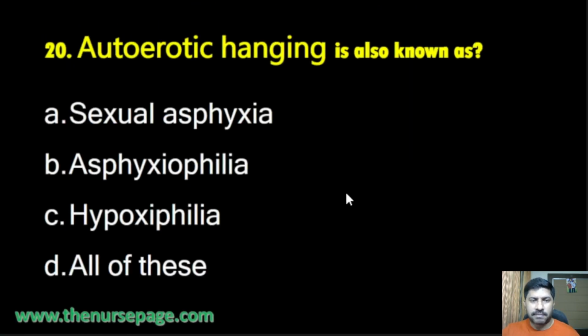The next question, that is one interesting question. Autoerotic hanging is also known as sexual asphyxia, asphyxiophilia, hypoxiphilia, all of these. Autoerotic hanging means the practice of sexual self-stimulation while causing oneself to experience hypoxia, which is believed to heighten the sexual experience.